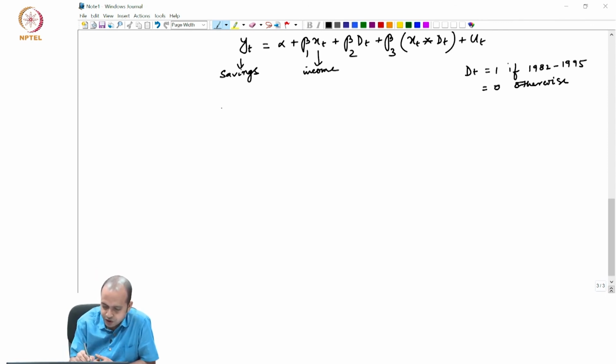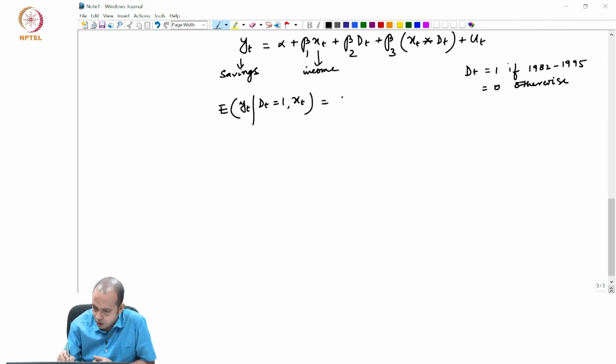If you take the expectation of yt given dt equals 1 and xt, it equals alpha plus beta 2, and then plus beta 1 xt, here also you will get beta 3 xt.